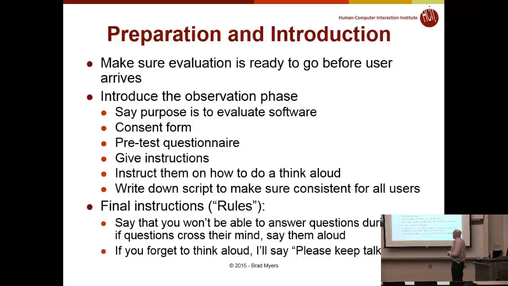You want to give them some introduction to what the purpose is or what you want them to know about what you're doing. There'll typically be a consent form, especially if you're doing IRB, but many companies also have rules. So if you're doing this for a company, then you'll want to understand what their rules are about doing human subjects. And if they have any government contracts, then that'll have different rules.